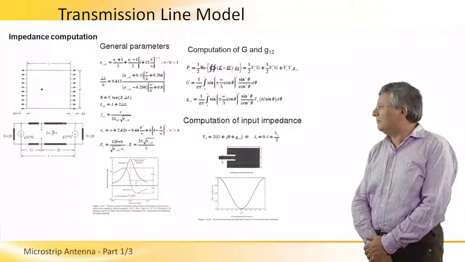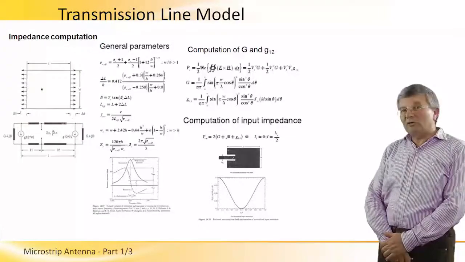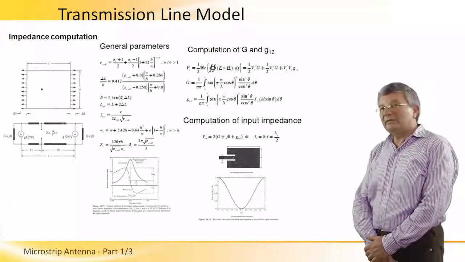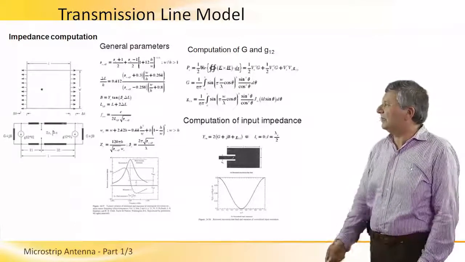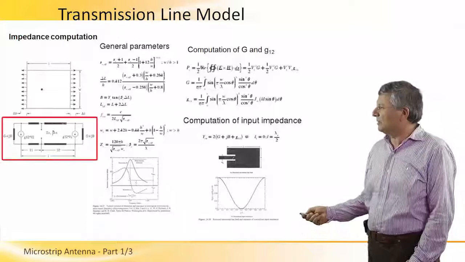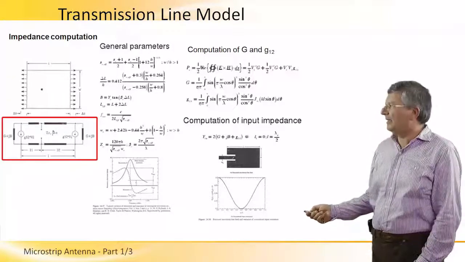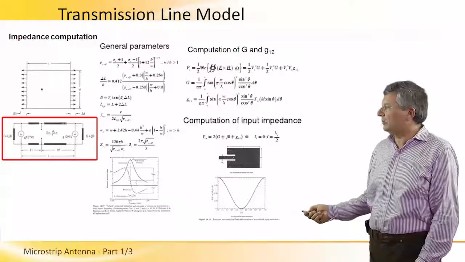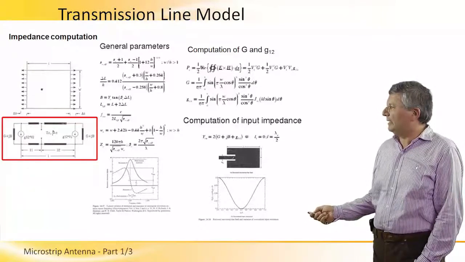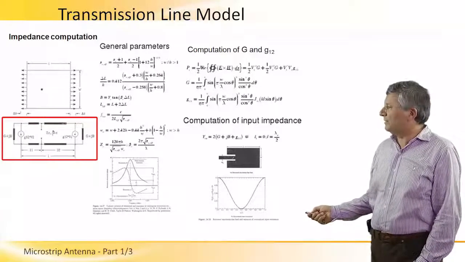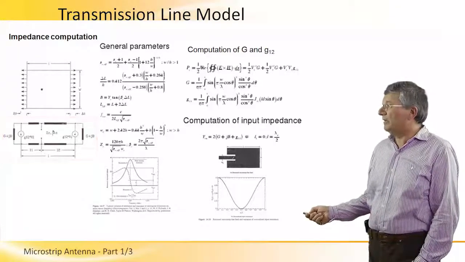Now let's talk about the impedance computation. The model in the transmission line model analysis is based on a very simple transmission line with length L, which is equivalent to the length of the patch or the microstrip antenna, and we can also observe here two loads on the transmission line.